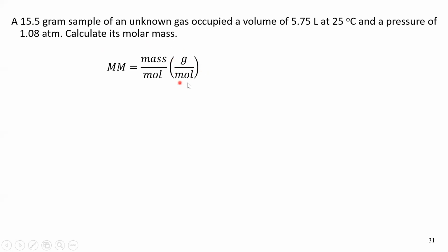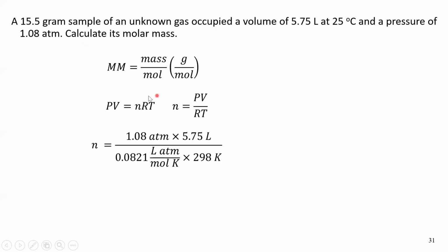We need to calculate the moles. Well, we're given the volume, the temperature, and the pressure. So if we use the ideal gas law, we can calculate the moles, and then we can take the grams divided by the moles, and that'll give us our molar mass. So PV equals nRT.